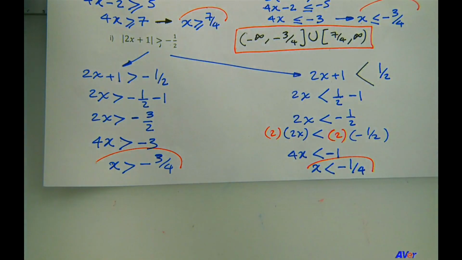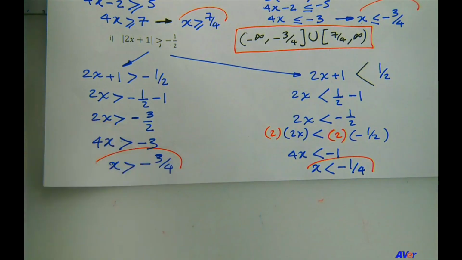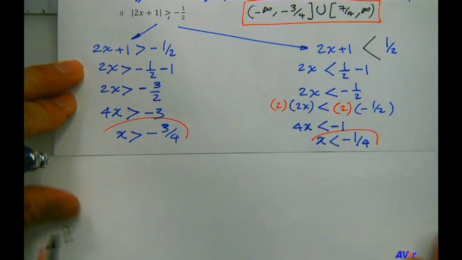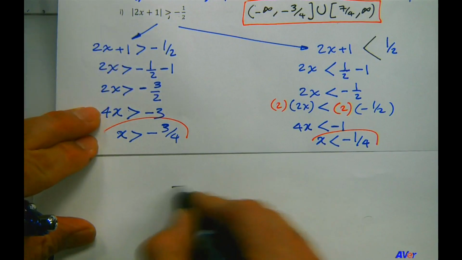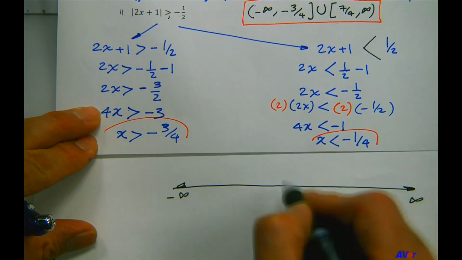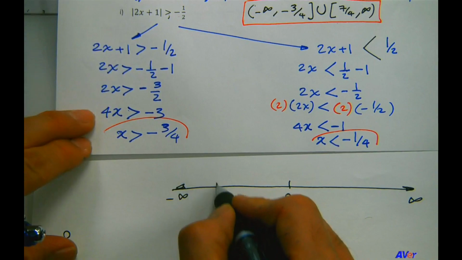But do they overlap? What do you think? x greater than minus 3/4 and x less than minus 1/4. Do they overlap? They should, right? Let's see it. Here, I don't have enough space, but on the scratch paper, let's do it. Okay, so we're going to show this graphically. All right, so let's suppose this is negative 1, right?